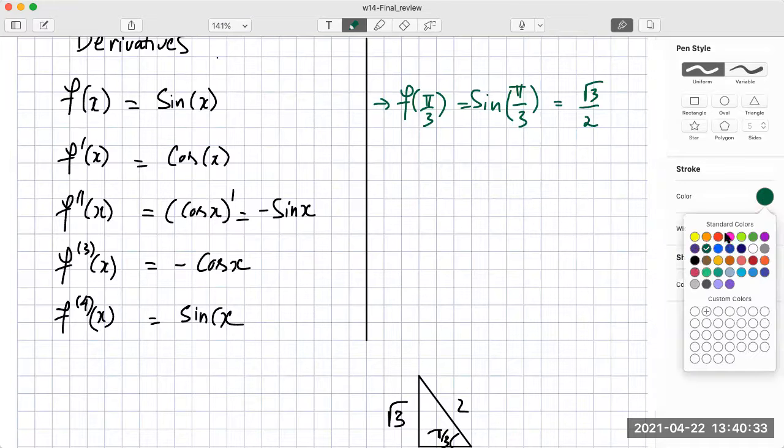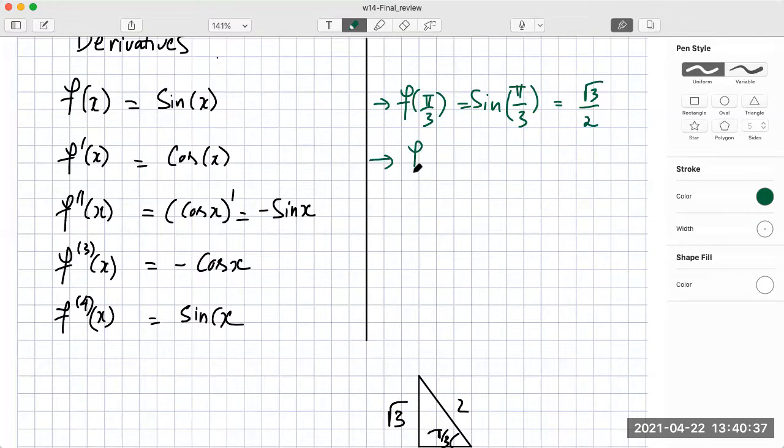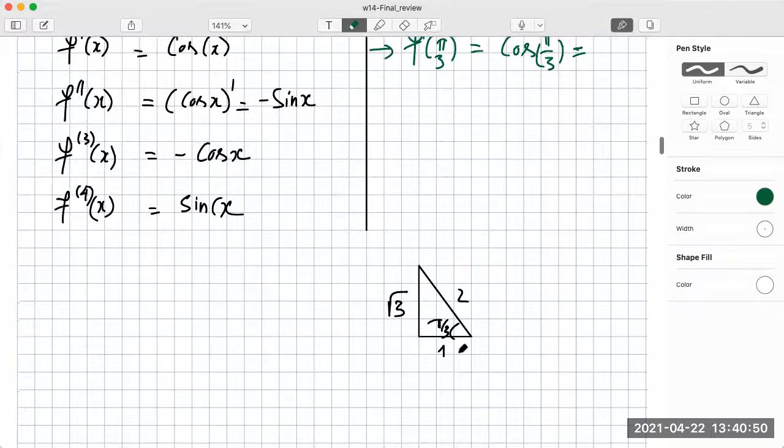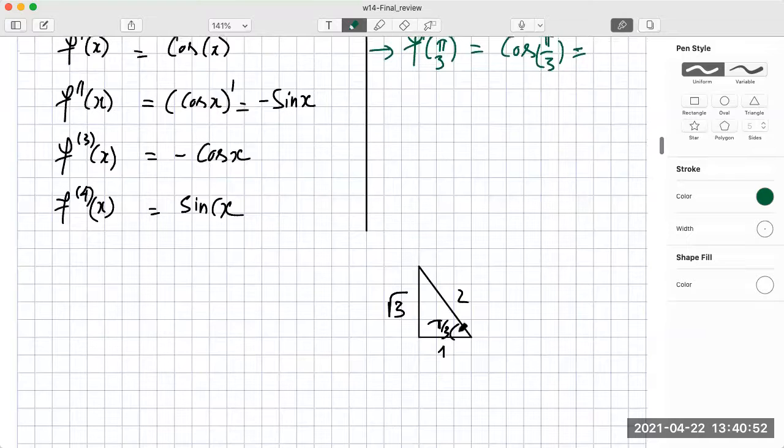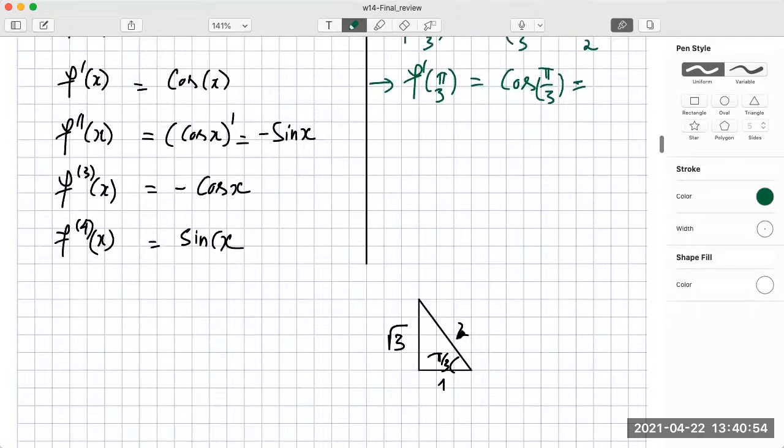The second thing, we need to find f prime at pi over 3, which is cosine of pi over 3. And what is it? 1/2.